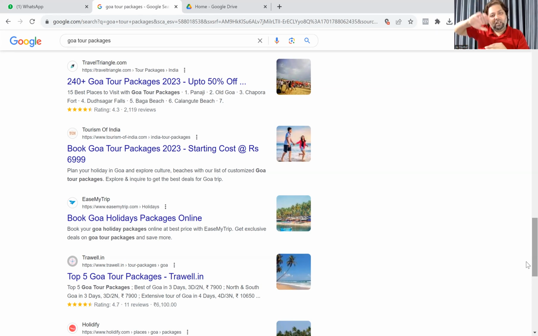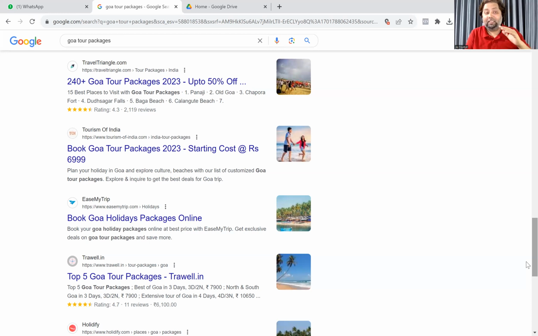Google is not treating every domain differently, but as a user, I am treating every domain differently, because I'm not getting any relevance in that particular domain. I might click on it, but the success ratio would always be higher for the domain which has Goa, or Goa travel, or Goa holiday keyword.